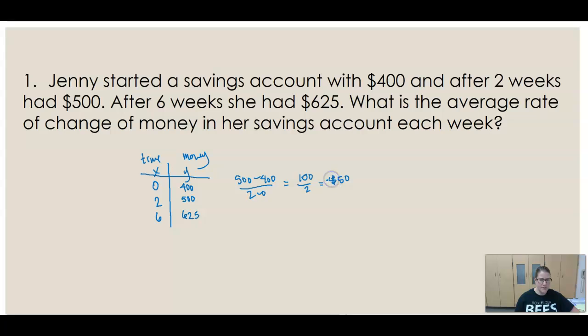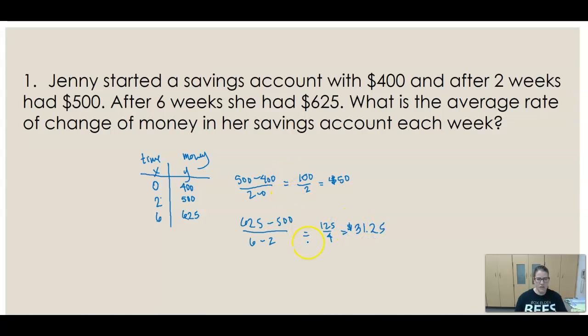Right? So that's the rate of change in the first 2 weeks. But then in the last 4 weeks, we have a rate of change of about, so we have 625 minus 500 over 6 minus 2, of about 125 over 4, which equals, let's see, about $31.25.